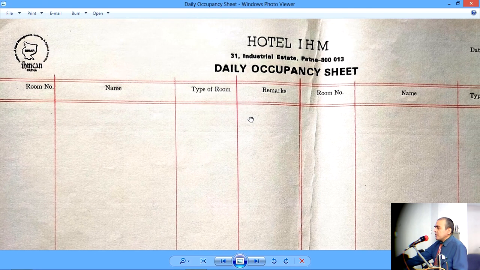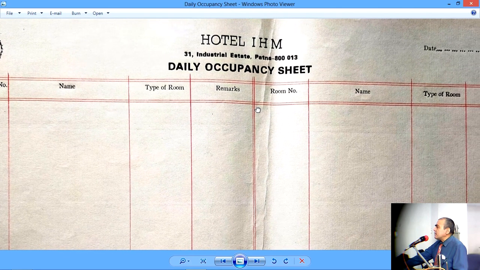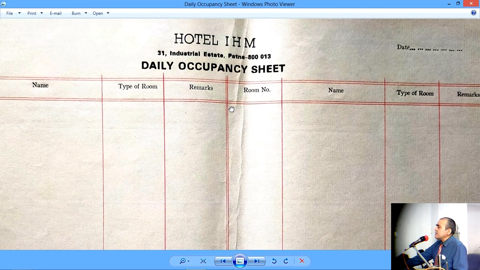I hope I could explain what occupancy is. And of course, after the guest vacates and departs, the room again becomes vacant until the next occupancy.